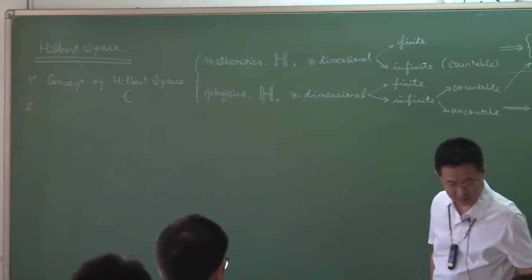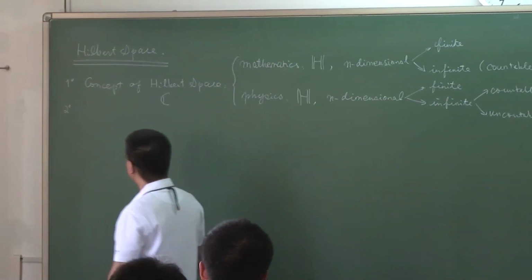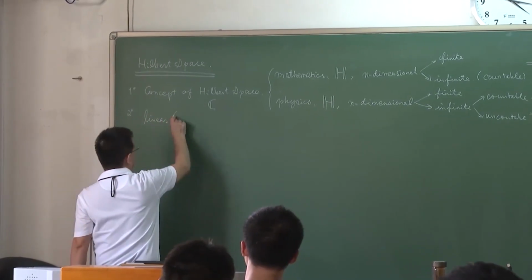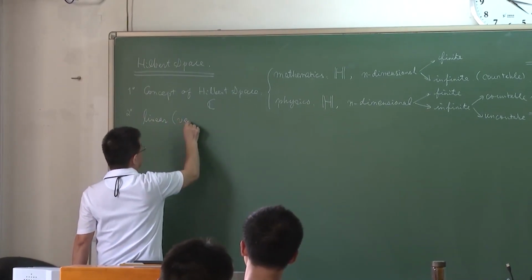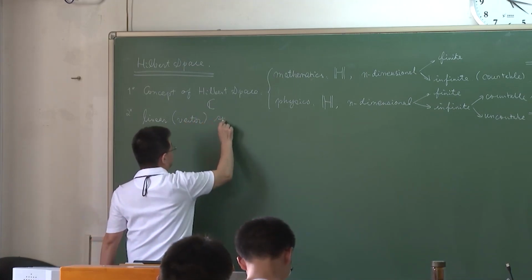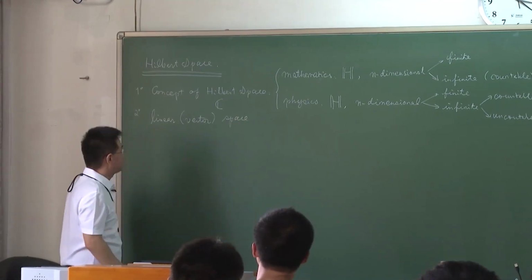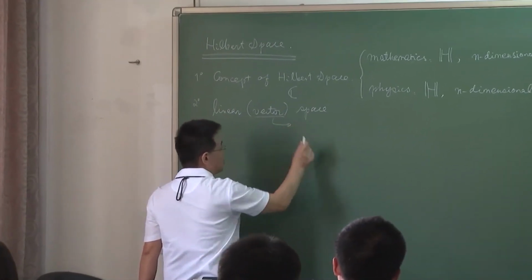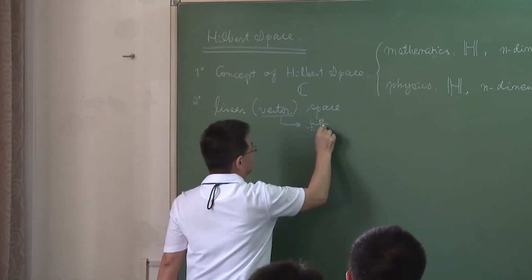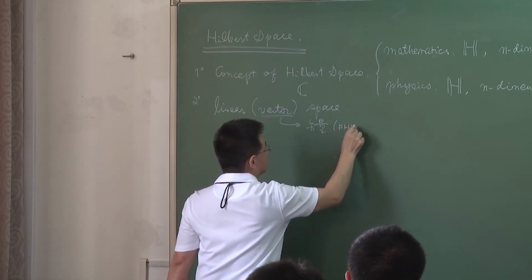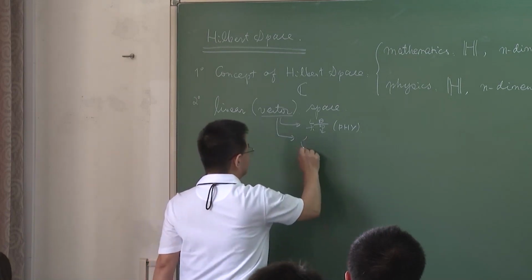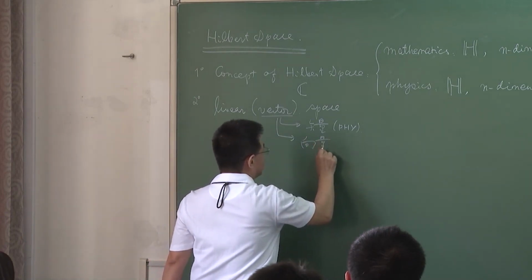Another thing is that a Hilbert space is a linear space. So linear means it is a vector space. In physics, vector is translated into Chinese like this. But the same item is translated into Chinese like this.